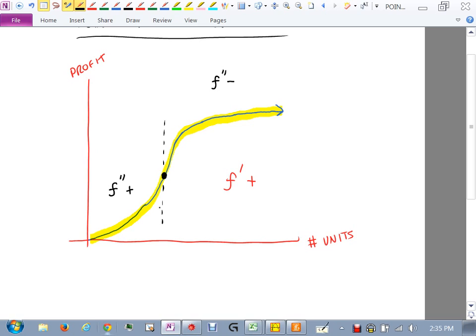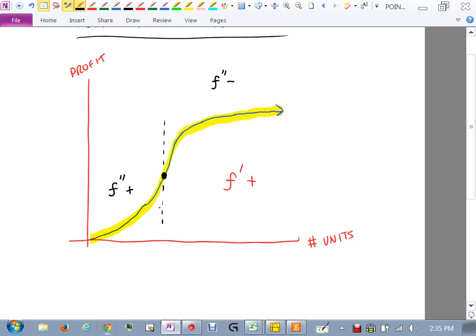I hit a point at which I'm still going to make money, right? But now the slope's going to start to flatten out, right? So this is the point at which I'm still going to get return, but it's going to diminish now. It is the point of diminishing return. Make sense? Still making money, just not as fast as I was making money back here. The point of diminishing return.